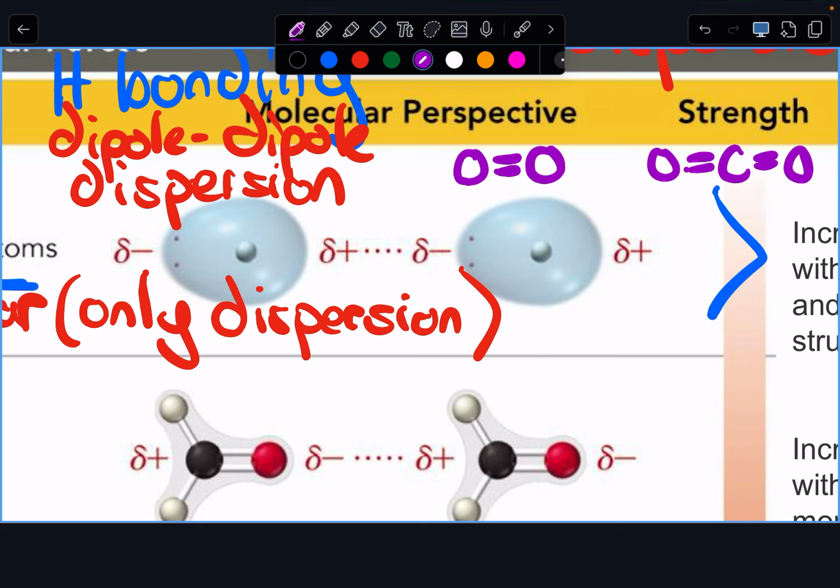Then there's a neighboring CO2 molecule, and it comes near those electrons. The electrons that are part of the CO2 get pushed away because this is my static electricity, negatively charged, and negative repels negative.